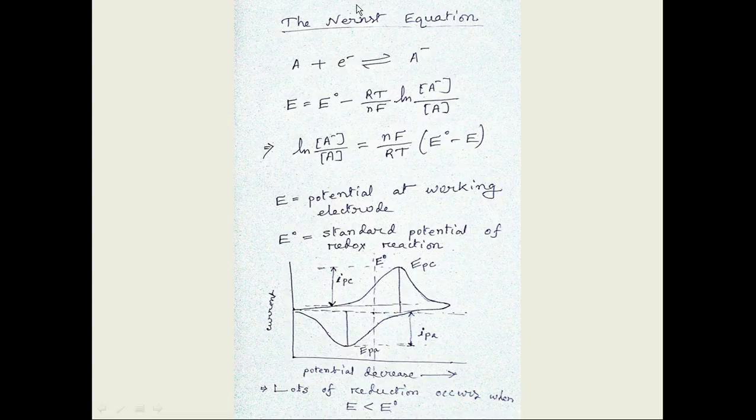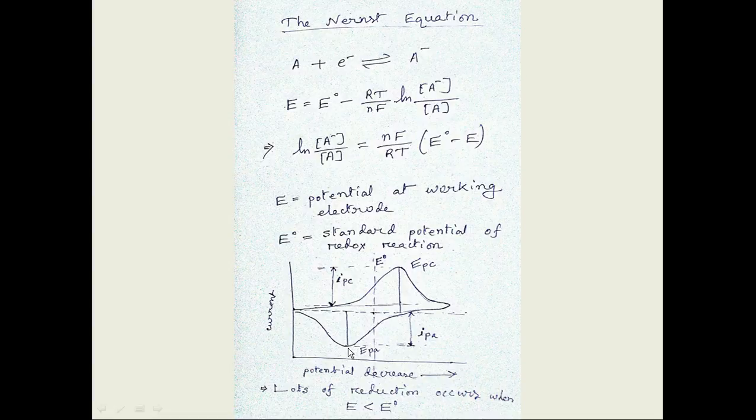Now, using the Nernst equation, we can conclude why the EPC, the potential of that cathodic peak current, is lower than the standard potential, on this side where potential is decreasing.